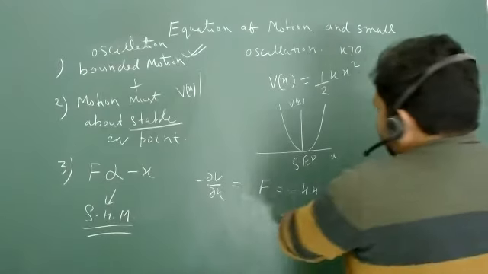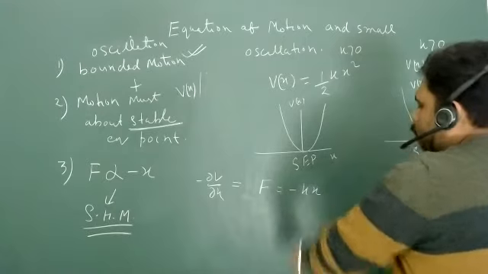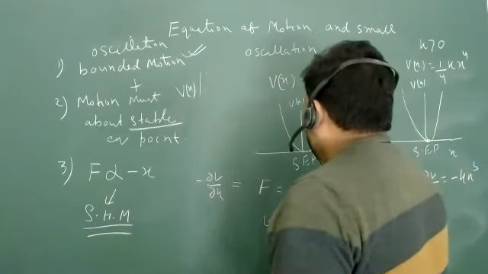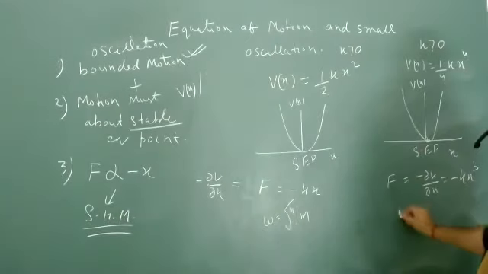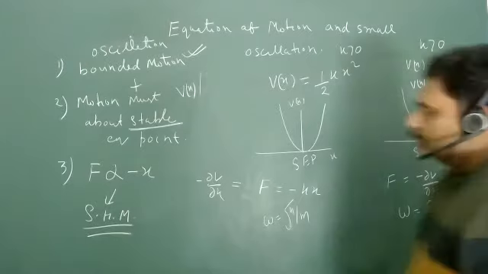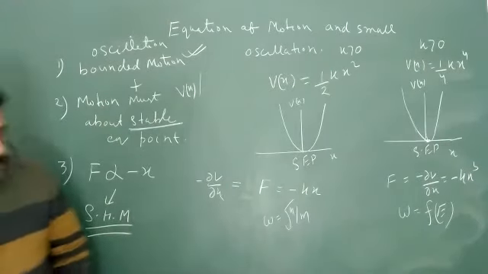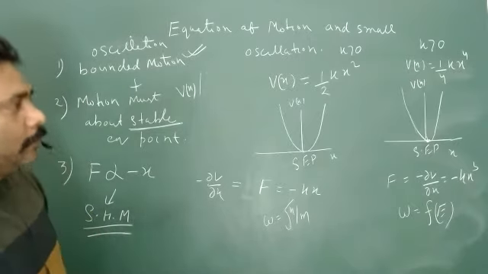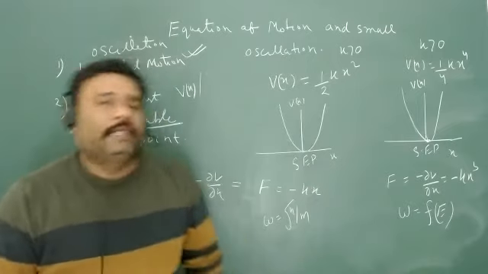But here you can easily solve your differential equation and you will get omega equal to root under k upon m. But here omega will be some function of energy that will not be constant. If you increase energy, omega is going to change. So this is a very different kind of scenario.